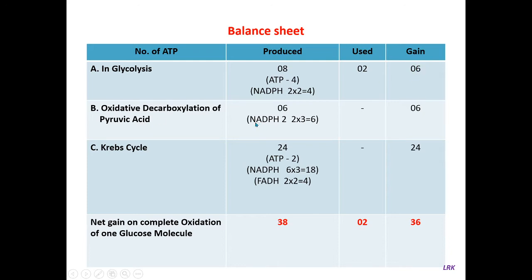During oxidative decarboxylation of pyruvic acid, we have 2 NADH formed, so 2 into 3 equals 6. In the Krebs cycle we have 2 ATP, 6 NADH and 2 FADH, a total of 24, and the net gain is 36.